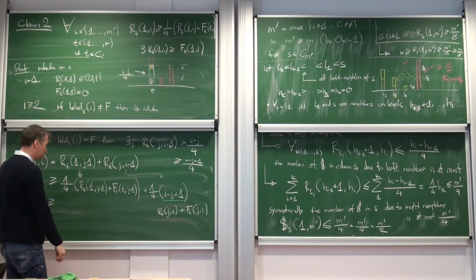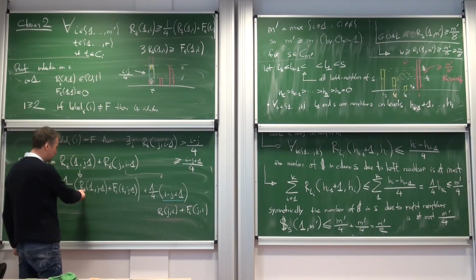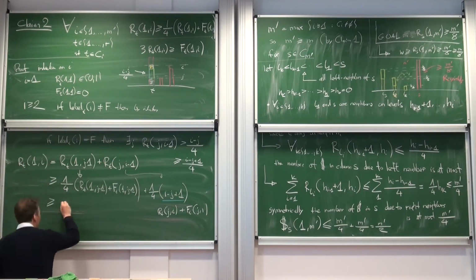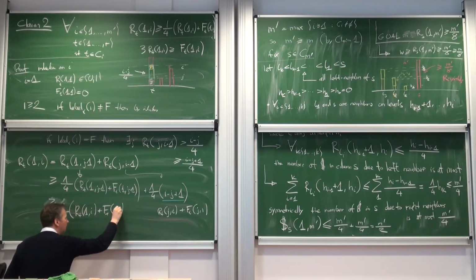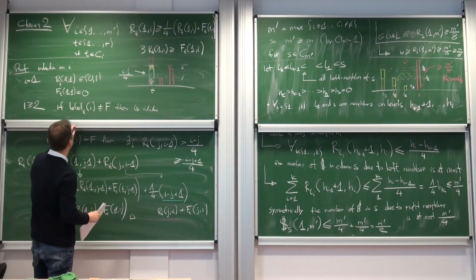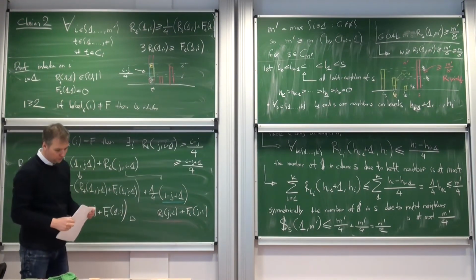Yeah? So we have 1/4 of the number of r's here, number of r's here, number of f's here, number of f's here. This is actually equal now, right? Well, okay, I made this step on the fly, then this is just equal to what we wanted, r's from 1 to I plus f's from 1 to I. As desired.